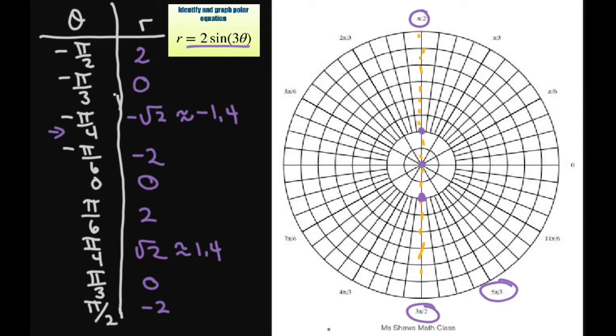At negative pi divided by 4, which is this one right here, this is 7 pi divided by 4. That's going to go to negative 1.4. So that goes this way. All right, and then we have negative pi over 6 is at negative 2. And that's this one. Negative 2.